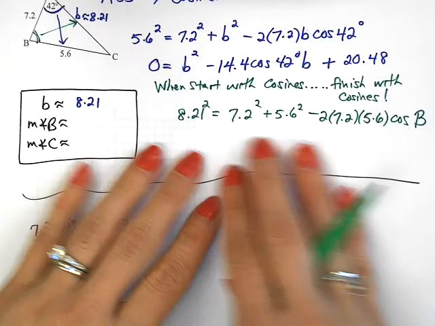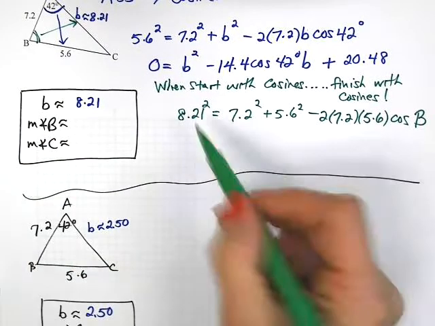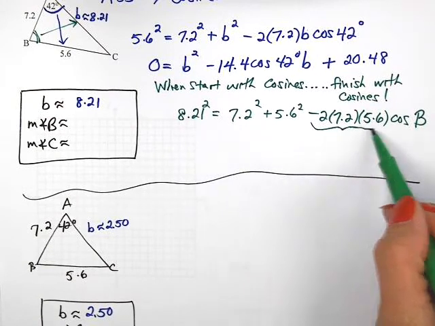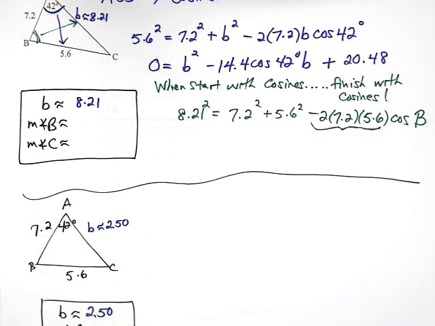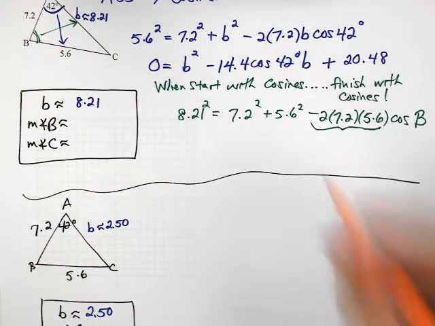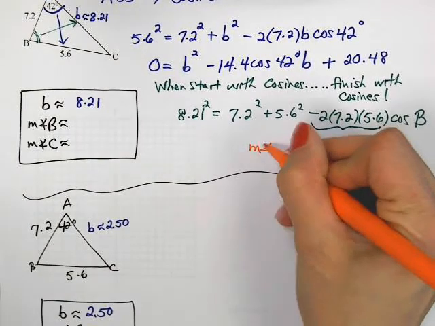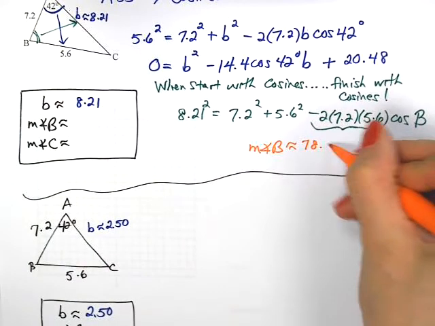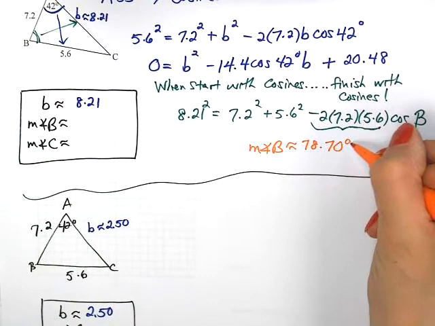And then this becomes just a straight up calculator. You're going to subtract this, and then you're going to want to divide by all this or use the fancy button in your calculator. And the measure of angle B is about 78.70 degrees.